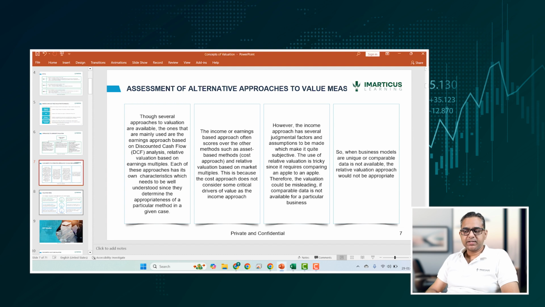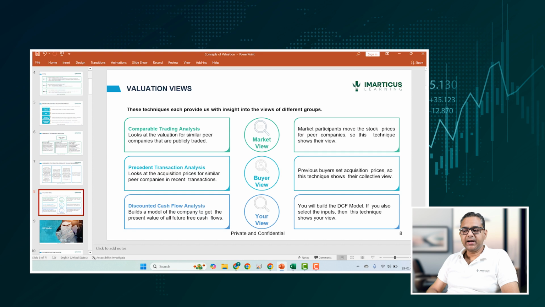So as we discussed, there are different techniques and they look at different views, and that is why the value coming out from different techniques would always be different. For example, if we look at comparable trading analysis, it looks at the valuation for similar peer companies that are publicly trading. It is looking at market view. Market participants move the stock prices for peer companies, so this technique shows their view.